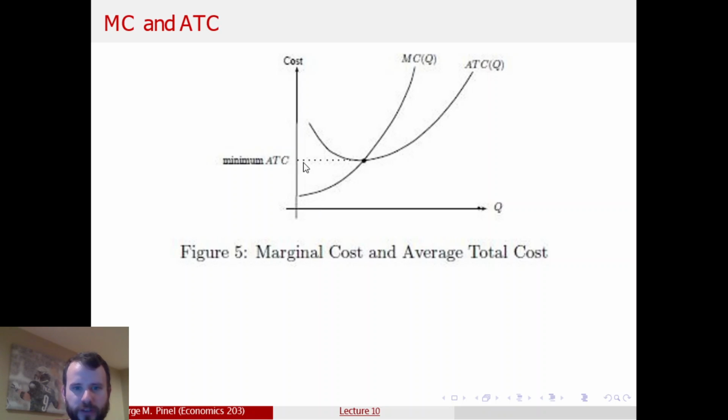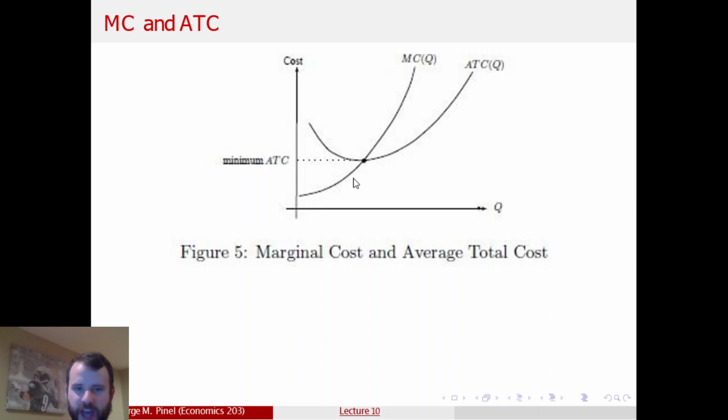So that's why your average total cost generally starts pretty high, and it'll pretty much cap out when this is 0. It should go to infinity, and then your first good will just be your fixed cost plus the variable cost for one good, and then it'll gradually decrease until it reaches a minimum, and then it starts increasing again.